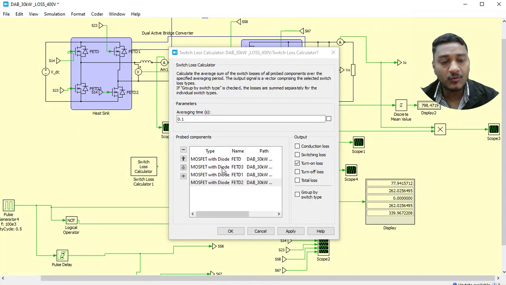So these four MOSFETs are from the input side, and it will calculate the turn on loss. If I choose conduction loss, it will show that instead. So these are 5 parameters, and I am going to use the display block. If I select only one parameter, that is turn on loss, it will show only the turn on loss. If I select all the parameters, it will give all the parameters. As of now I am going to see only the turn on loss.